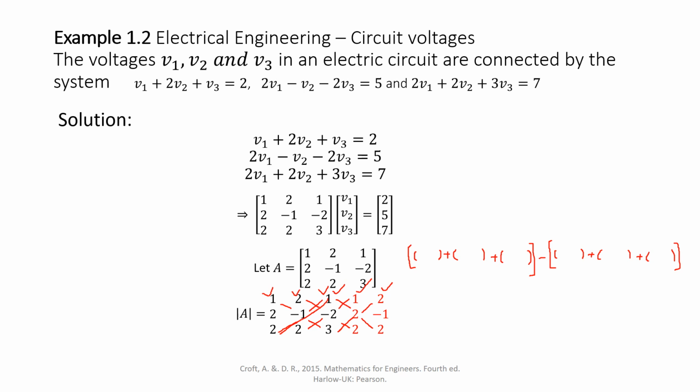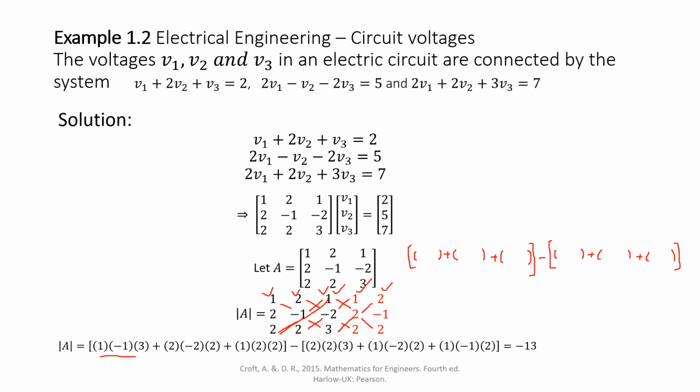I am sorry I cannot recall that channel, but thanks to that channel I got this simple technique, and you no longer need to go for longer calculation. So this is the final answer. If you see, the first 3, second 3, then bracket, minus, plus, and plus. The final answer is coming like this.